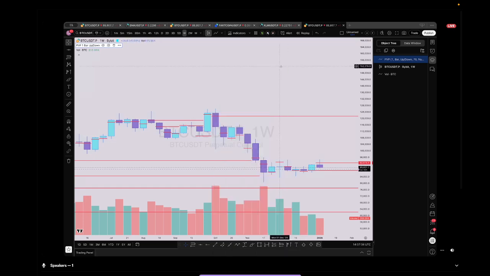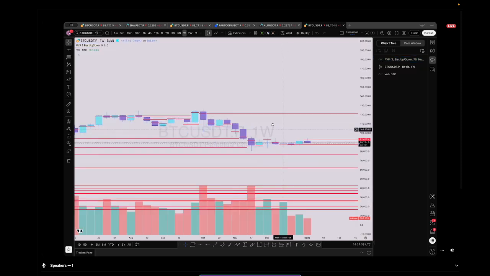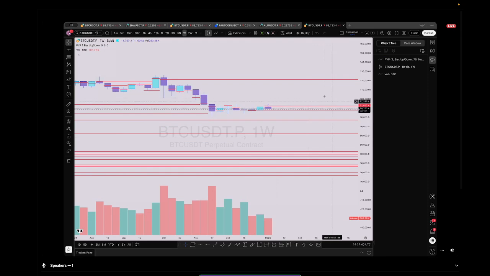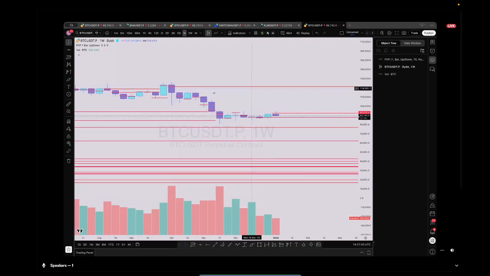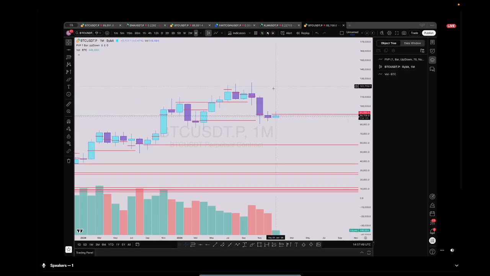That's a tool that shows you all the naked POCs in the time frame where you are. So for example, you go on the monthly. You never consider the one of the current candle because it's still developing. But you see, we don't have any naked POC above us, but we have just below us.